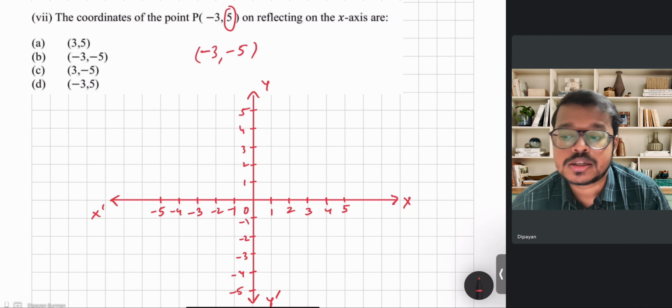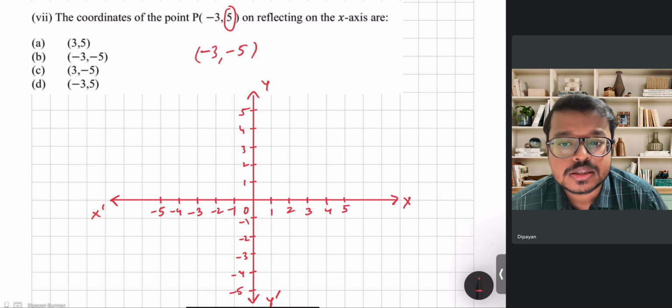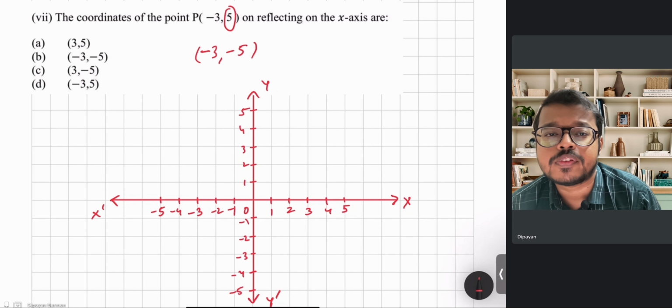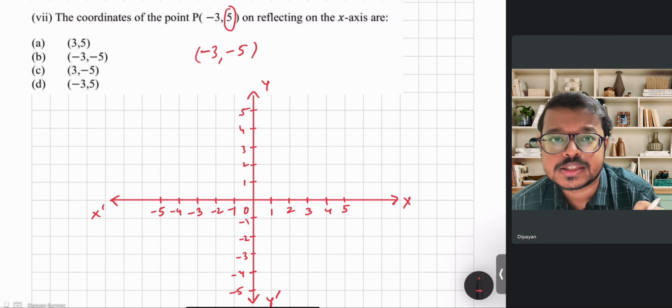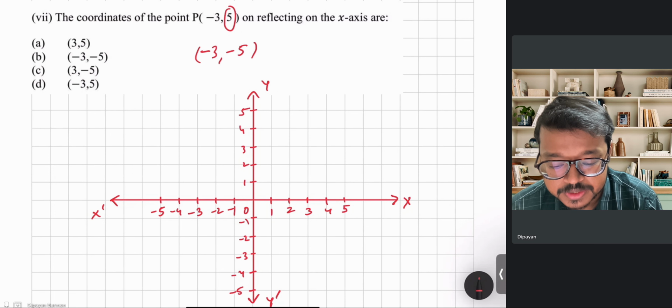But in case you don't want to memorize it like this, what you can do for this question, it's an MCQ, you don't need a graph paper as such, you can draw a rough graph on your answer sheet. Just draw a rough graph, x and y axis, freehand is fine.